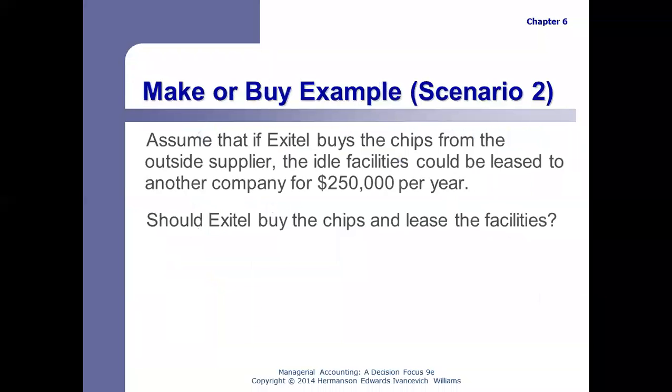Okay, so, however, there are some qualitative or non-accounting numeric considerations in this decision.